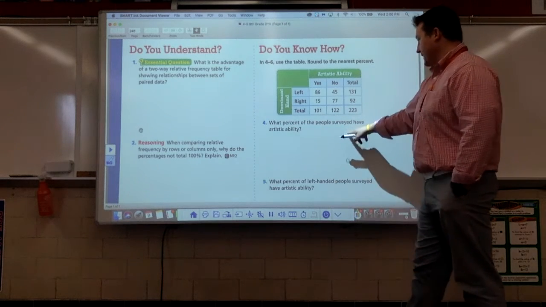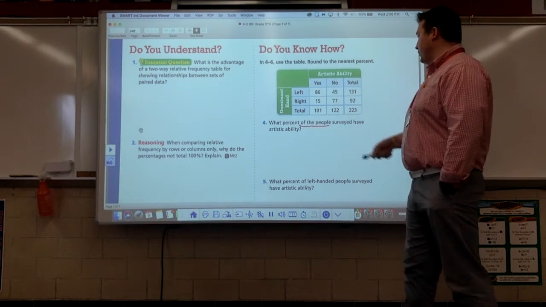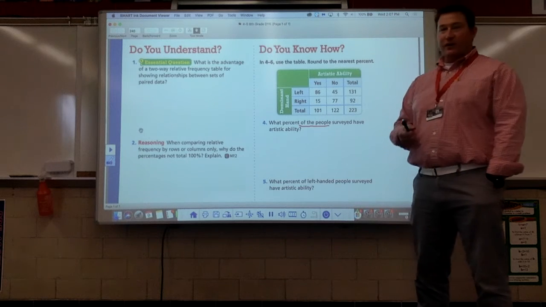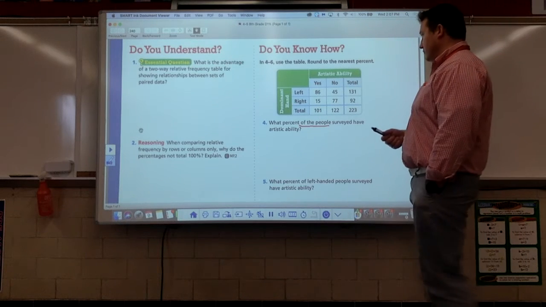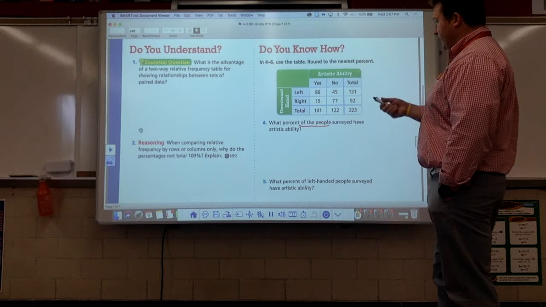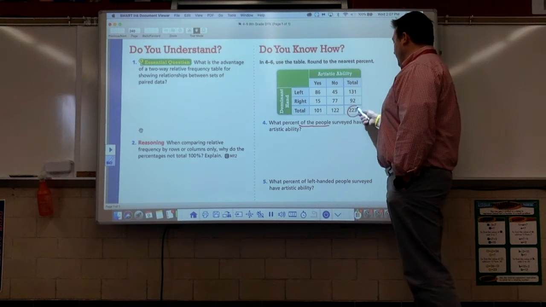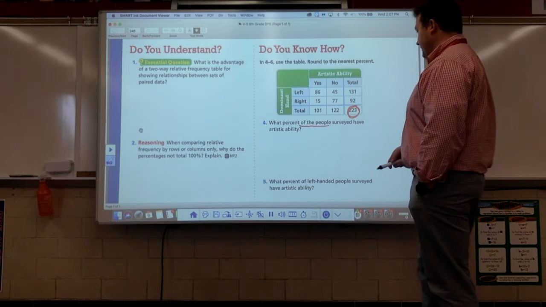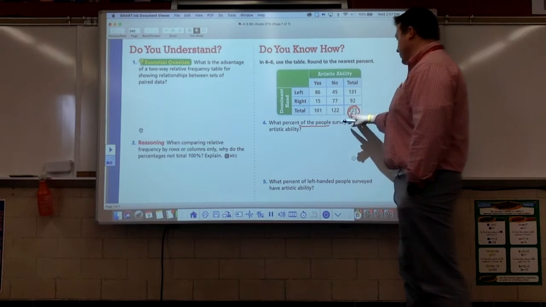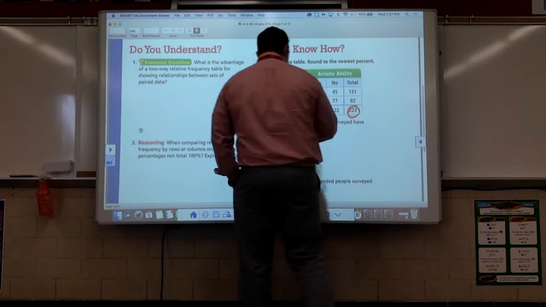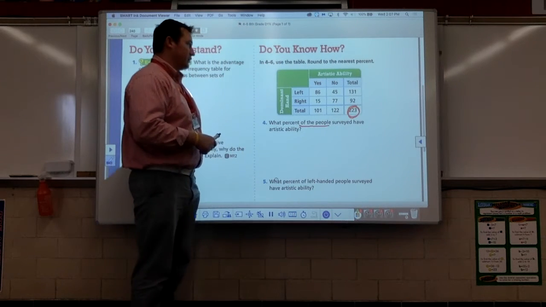How many people are we surveying? We surveyed left-handed people and right-handed people. Oh, but the total number of people were 223. So of those people, what percent have artistic ability?